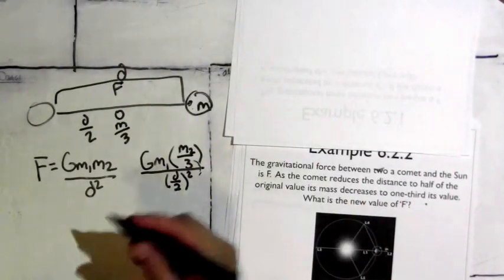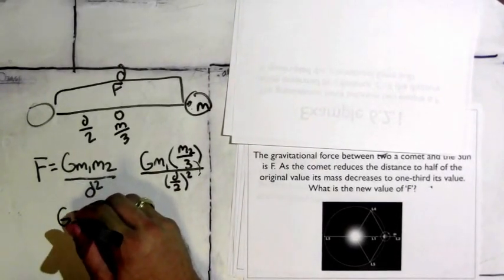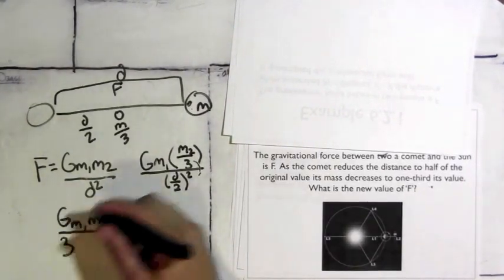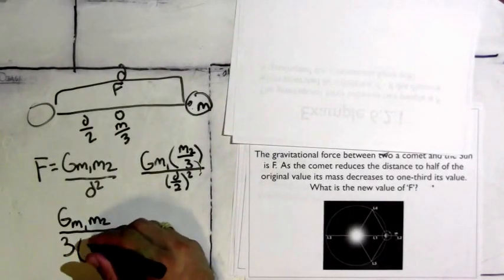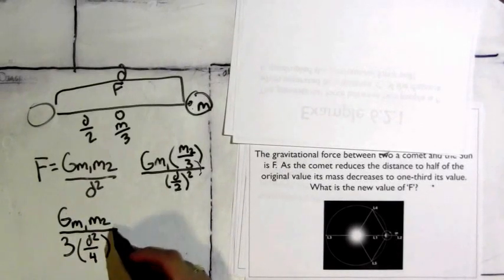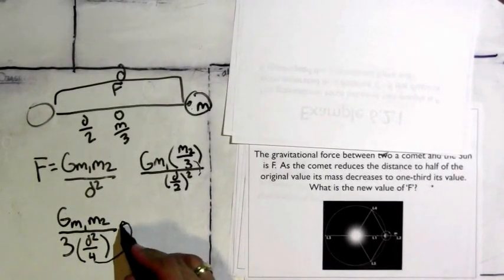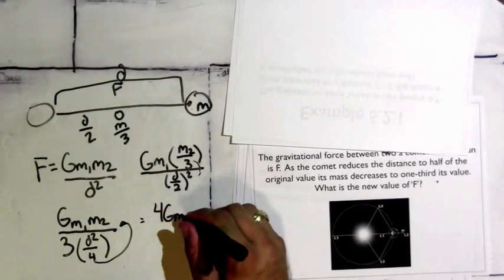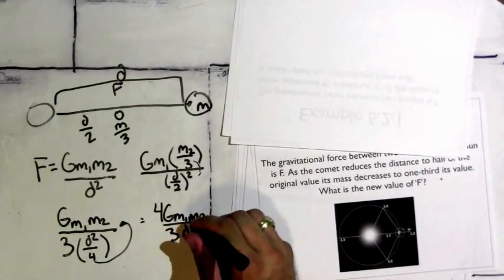Then when I square this, we have G m1 m2 over 3 times d squared over 4. When you divide by something that has a denominator, that can flip up to the top. So what that leaves me with is 4 G m1 m2 over 3d squared.